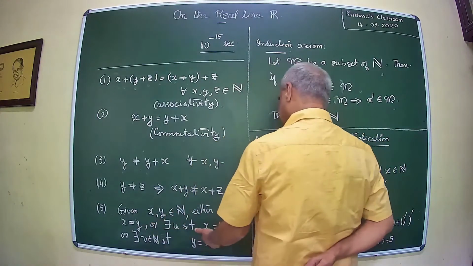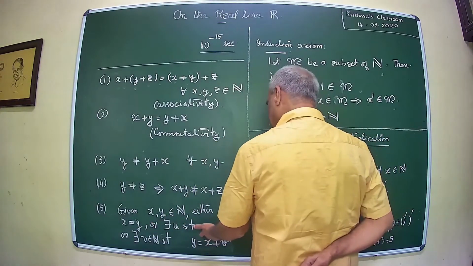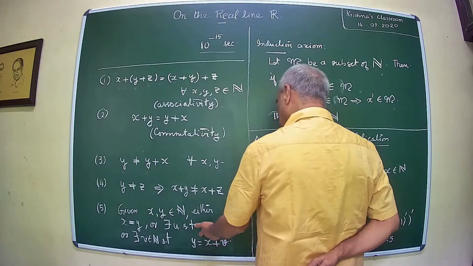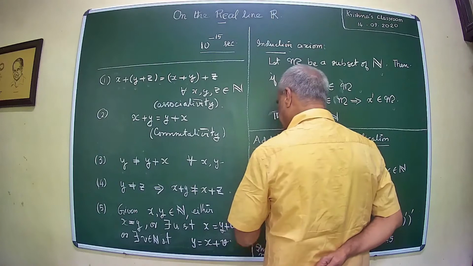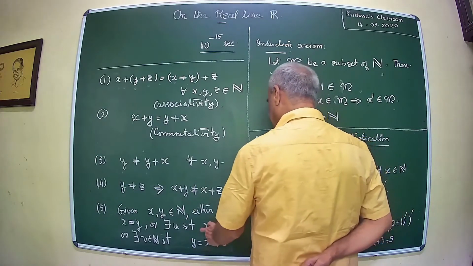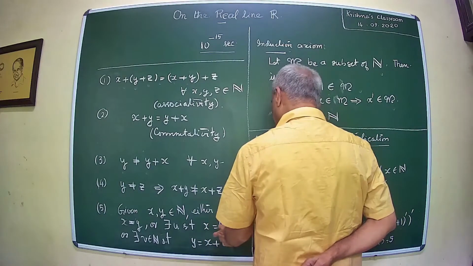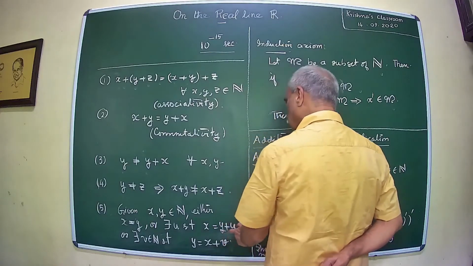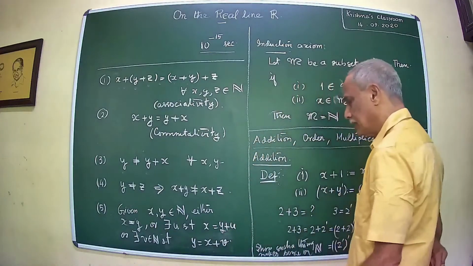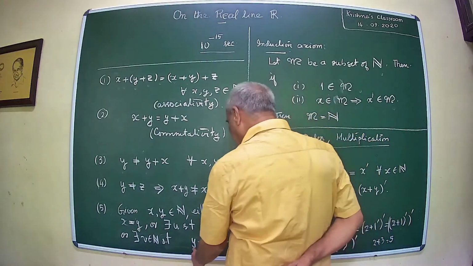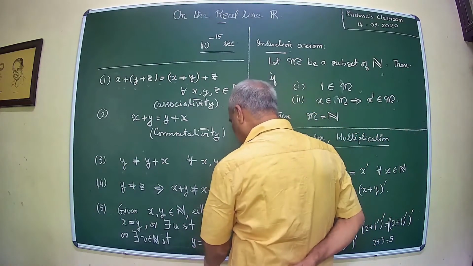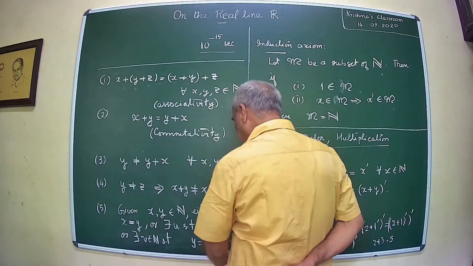Of course, there does not exist any U such that X is equal to 5 plus U. But you see that 5 is equal to 2 plus 3.